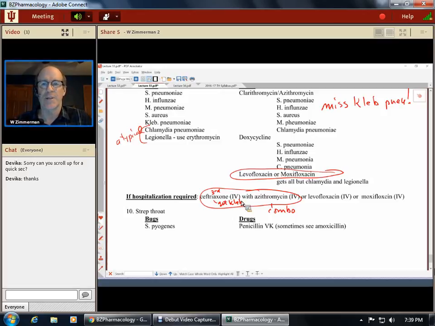Azithromycin would miss that Klebsiella, so you might just say give the azithromycin by itself, but you won't be getting the Kleb. Or you could give the levofloxacin or the moxifloxacin.